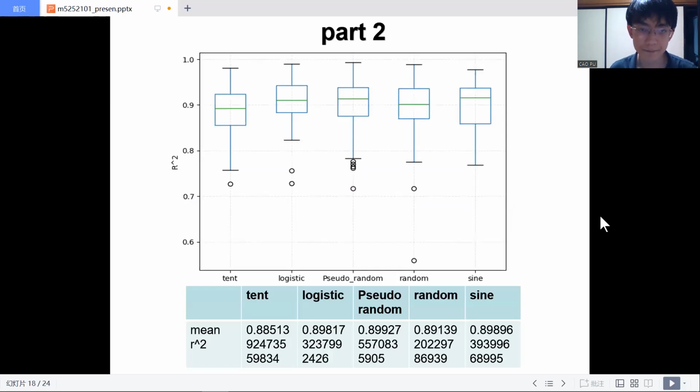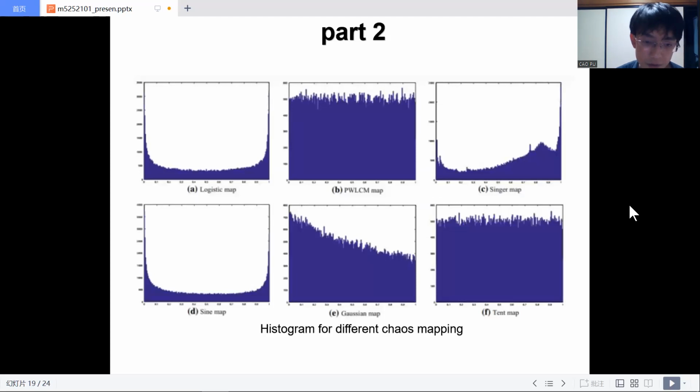And it is the result for stage 2. For stage 2, we used other chaotic mappings as a random number generator. We used the logistic mapping, sine mapping, and the tent mapping for this experiment.